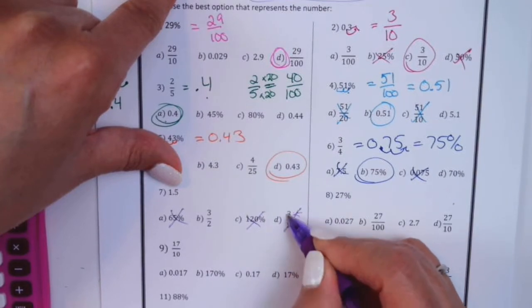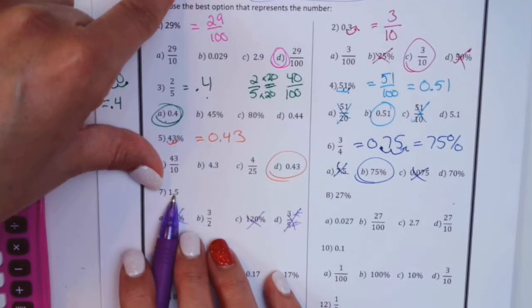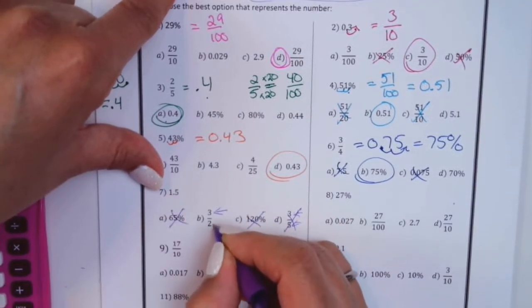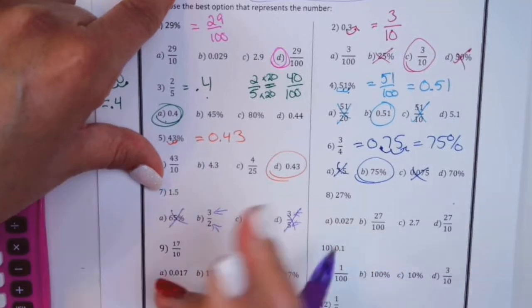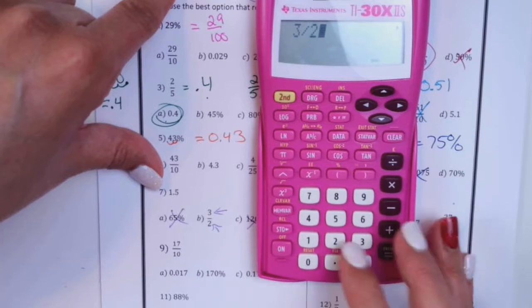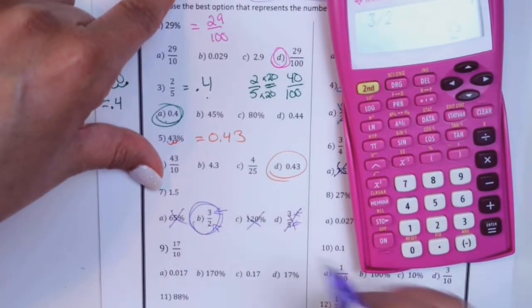It can't be this. Since we have a 1 point something, the numerator has to be greater than the denominator. Now we can take a calculator and double check it. 3 divided by 2 is 1.5. So this is our answer.